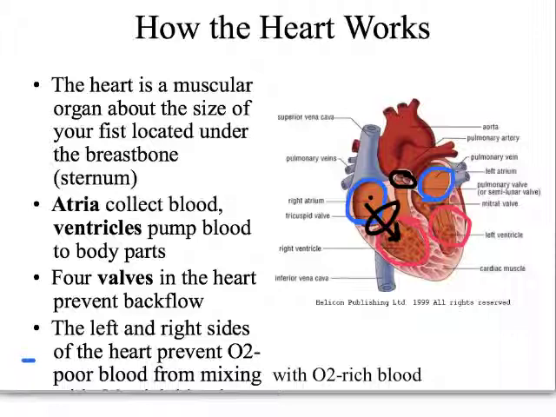And then we've got another valve here, called the mitral valve or the bicuspid valve. And we've got a final valve, I don't see it in this picture, but we have a final valve that is going to close off when it goes to the aorta.